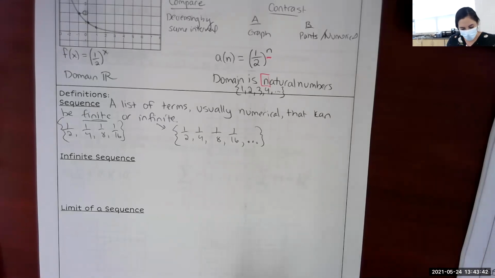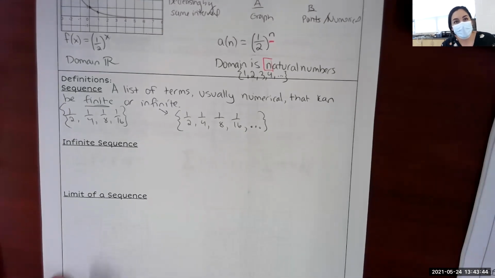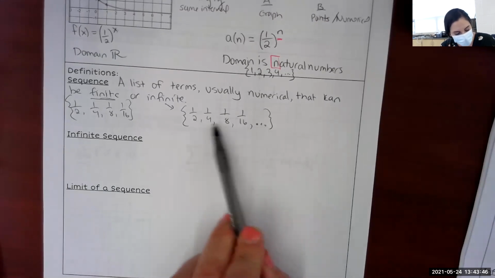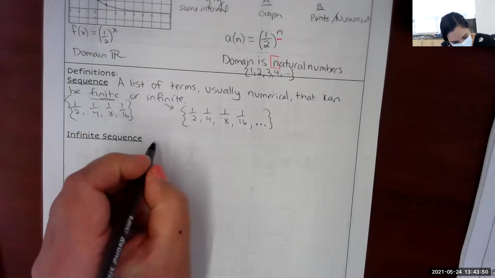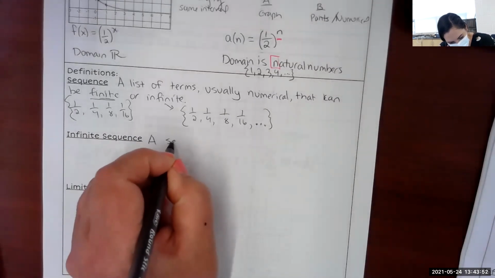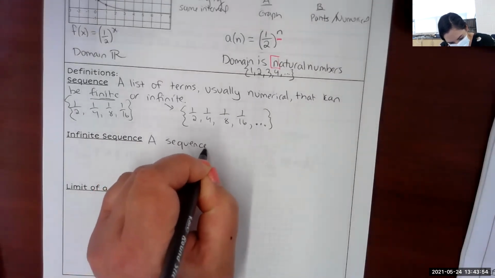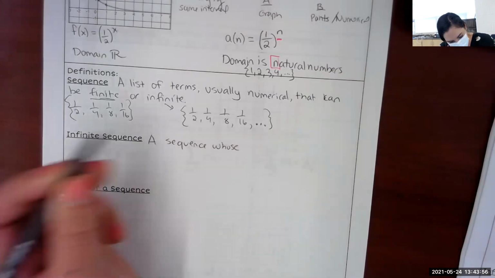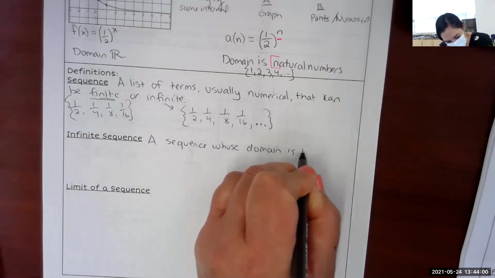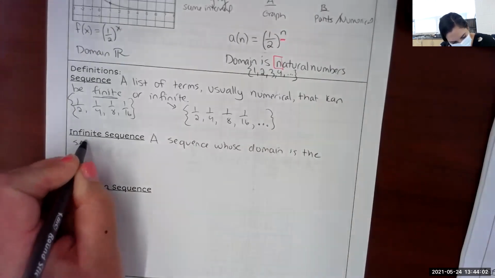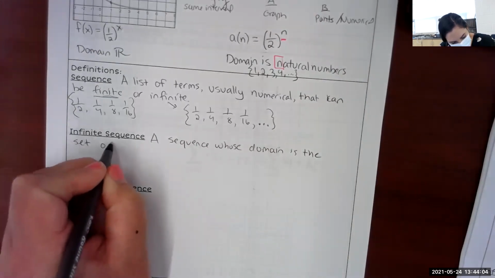All right, so an infinite sequence is basically this situation here where we keep going, right? So this would be a sequence whose domain is the set of natural numbers.